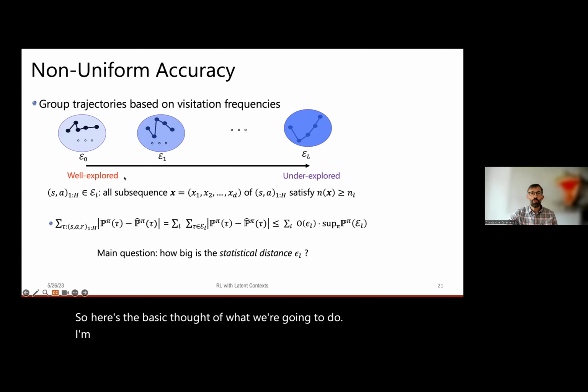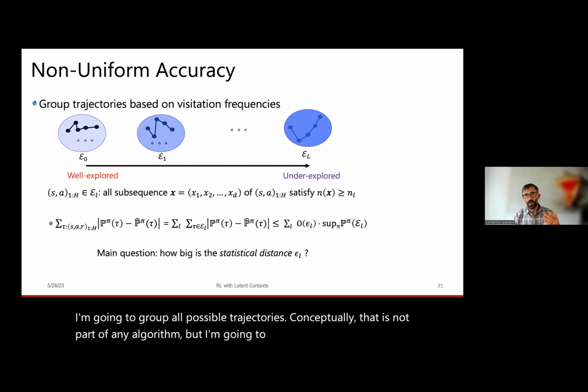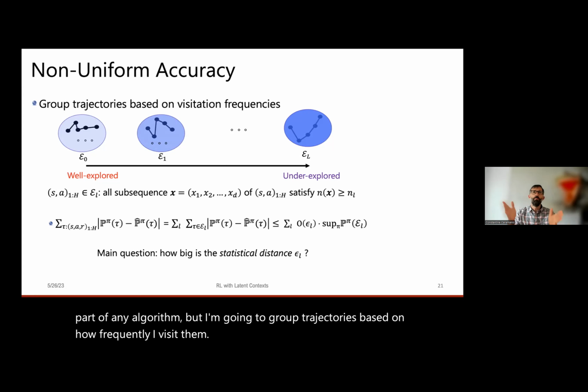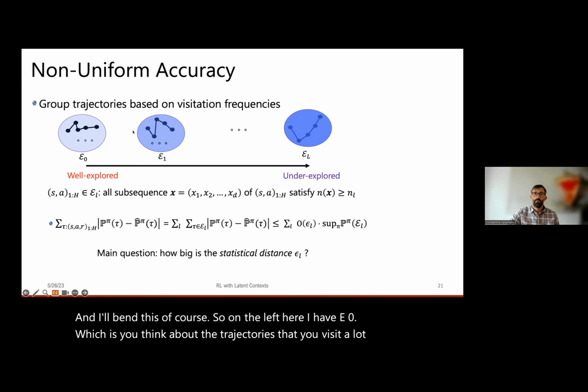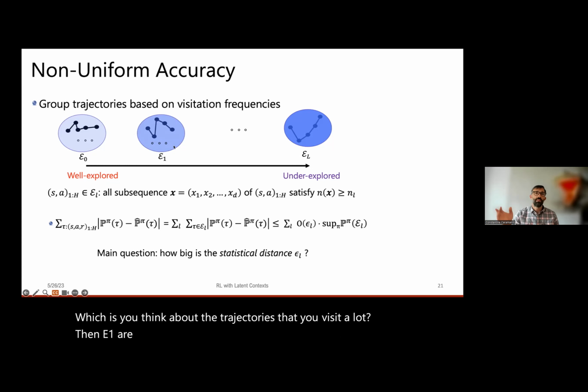I'm going to group all possible trajectories conceptually. This is not part of any algorithm, but I'm going to group trajectories based on how frequently I visit them. And I'll bin this, of course. So on the left here, I have E0, which is the trajectories that you visit a lot. And then E1 are trajectories that you visit less.